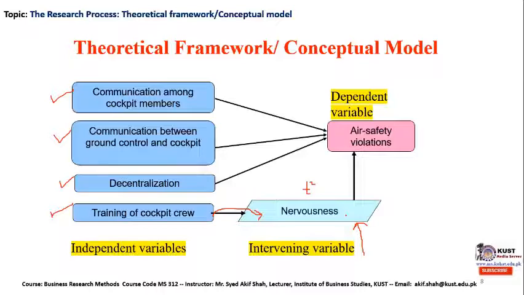So in this particular schematic diagram, if there is high nervousness amongst the cockpit crew and the pilot, the researcher can theorize the relationship of nervousness as an intervening variable, which will further lead towards a high number of air safety violations, and ultimately it will result in the air collision.